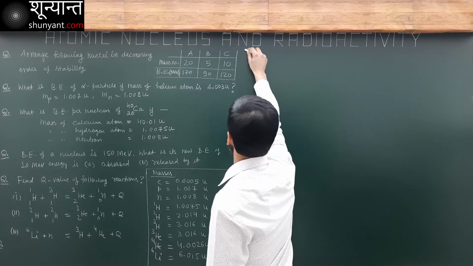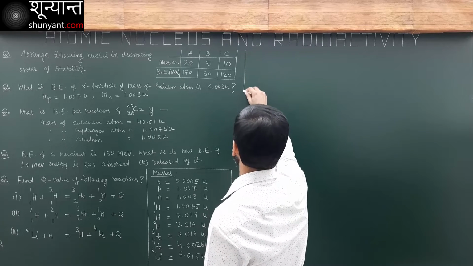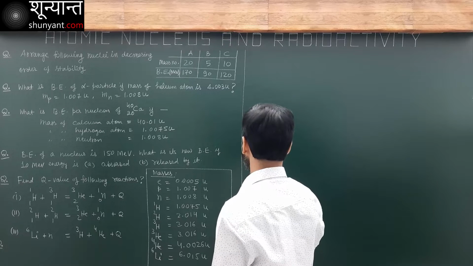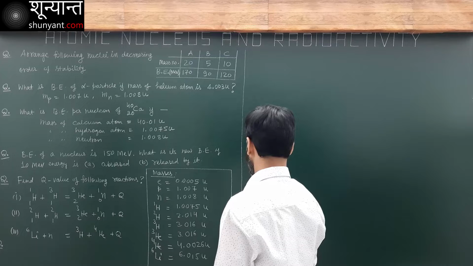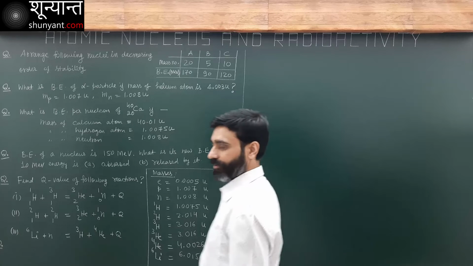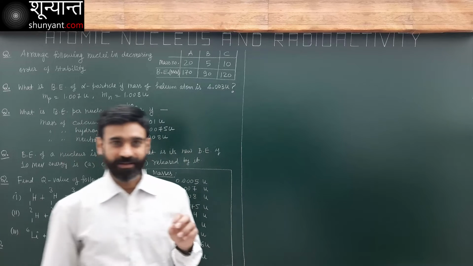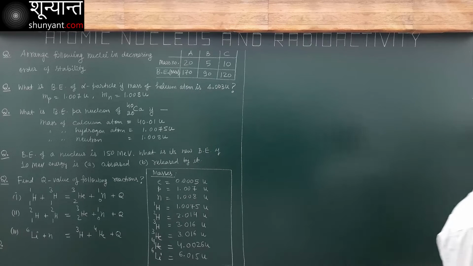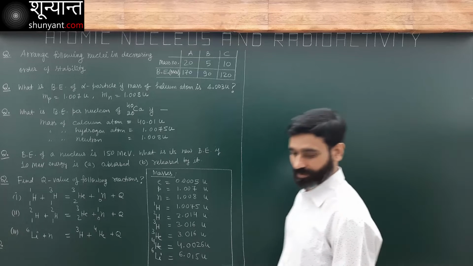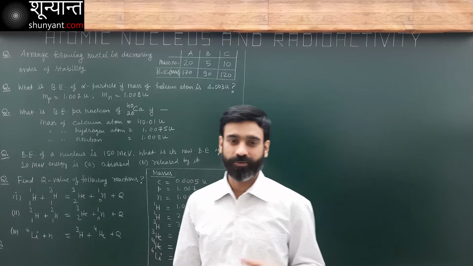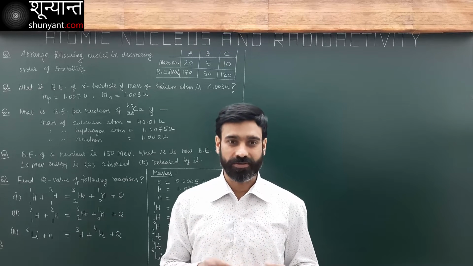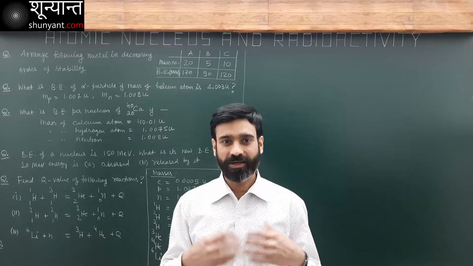Before we do that, let's refresh it one more time here. Binding energy. What is the binding energy? This amazing thing happens when you bring more than one nucleon together: two protons, two neutrons, one proton, one neutron, any number of nucleons.